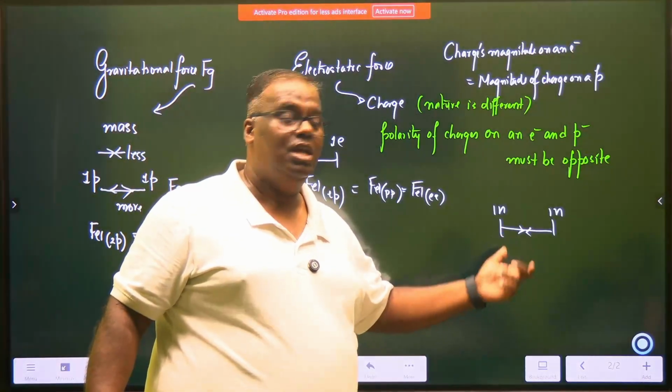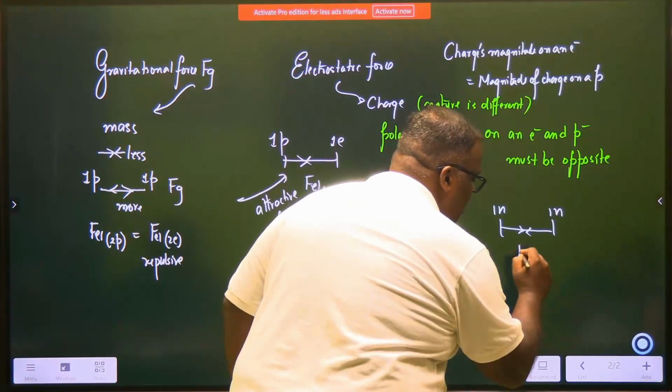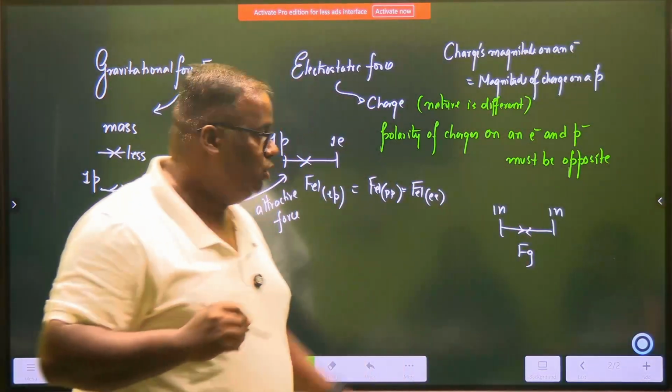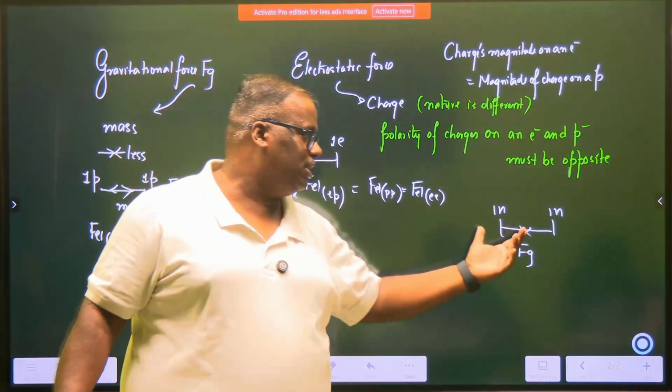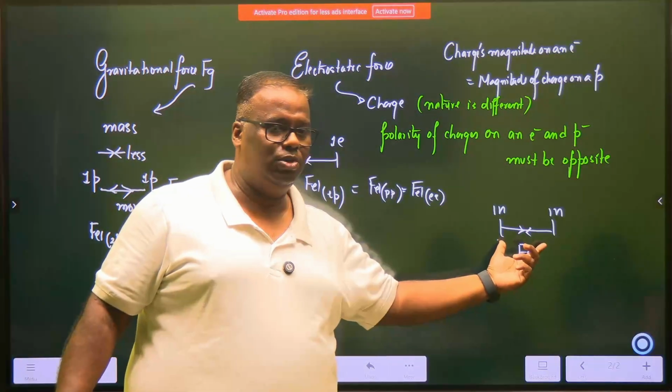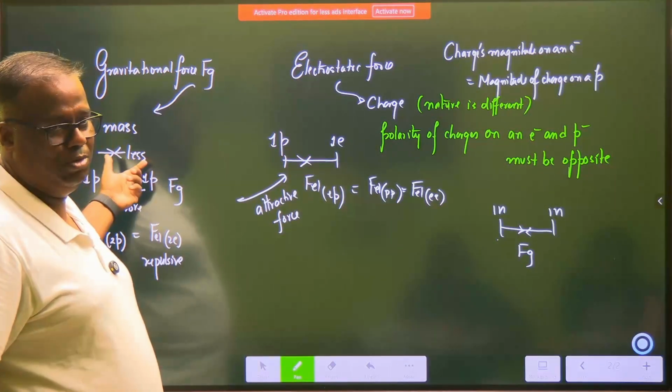The reason is that the force will always be the gravitational force. A neutron's mass is the same as the mass of a proton. So if you study higher physics, you will find that this attractive force is the same as the attractive force between two protons.